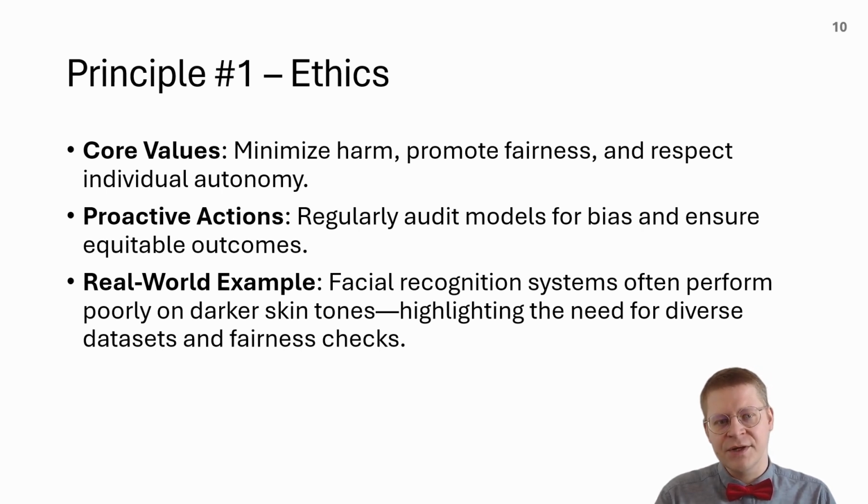For example, facial recognition technology might struggle with darker skin tones, leading to inaccuracy and potential harm. This highlights why diversity in data and fairness checks are critical. Our goal is to make sure our AI system serves everyone fairly. By staying proactive and ethical, we can avoid unintentionally causing harm and ensure justice is at the center of everything we create.